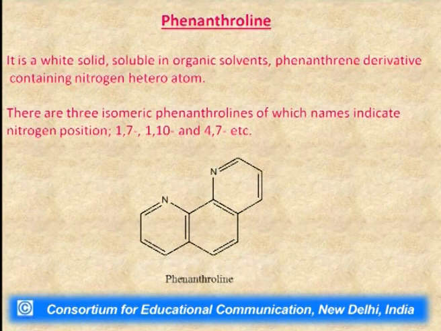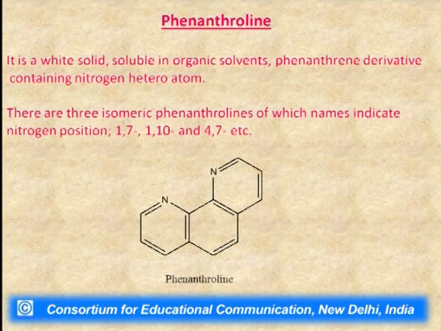Then comes one of the most important phenanthrene derivatives, which is called phenanthroline. In this phenanthroline, we have 2 nitrogen heteroatoms in this polycyclic hydrocarbon.